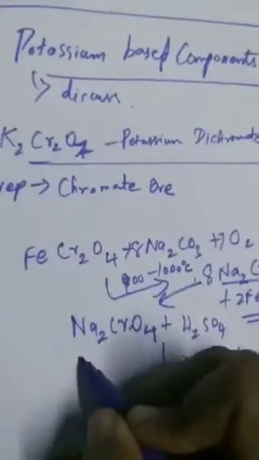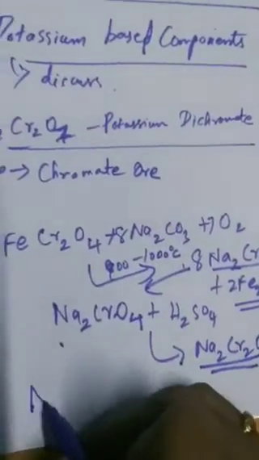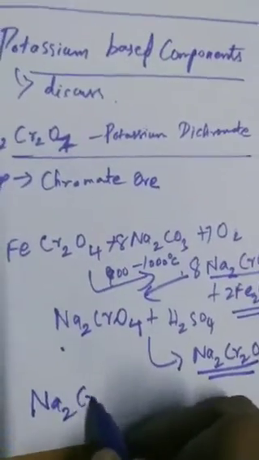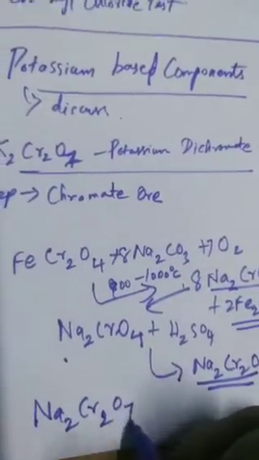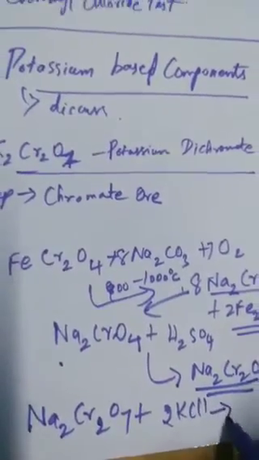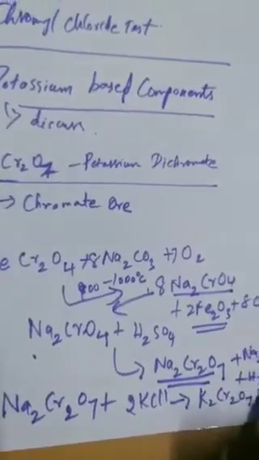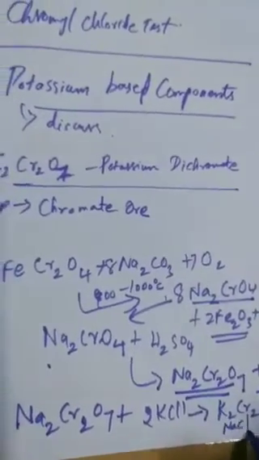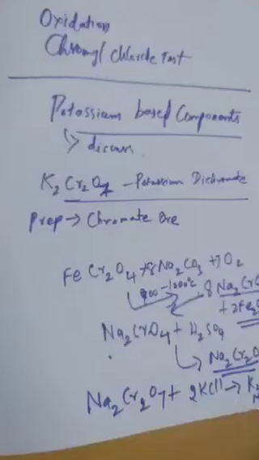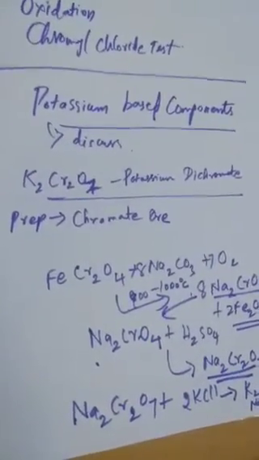Instead of sodium, you have to add potassium, or directly after preparing the sodium dichromate, add KCl to it. We will get K2Cr2O7 plus NaCl. So this is how K2Cr2O7 is prepared from chromate ore.